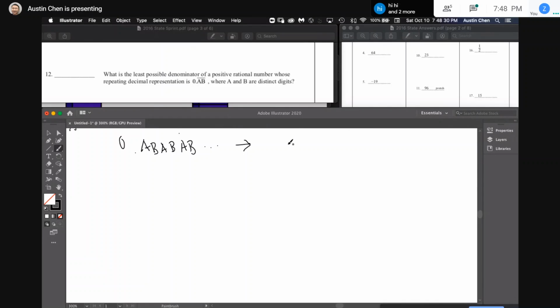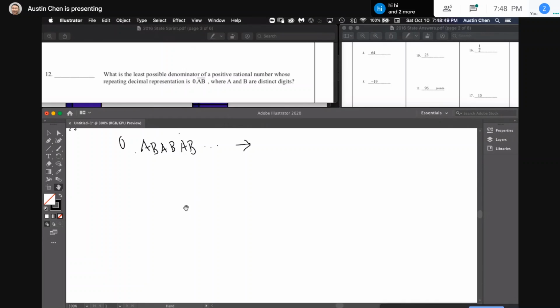We don't know what this fraction is, and there are multiple solutions because we don't know anything about a and b. We want to find the least possible denominator of this fraction.